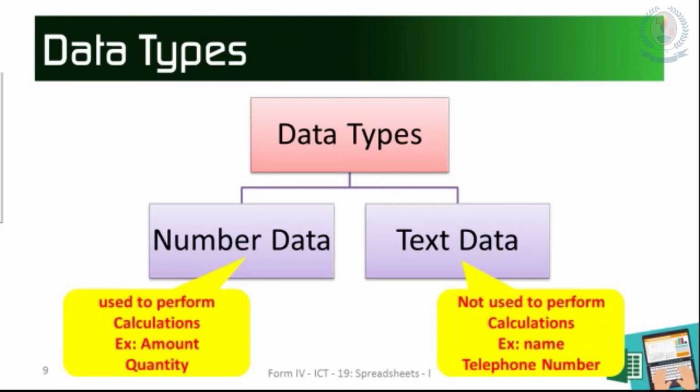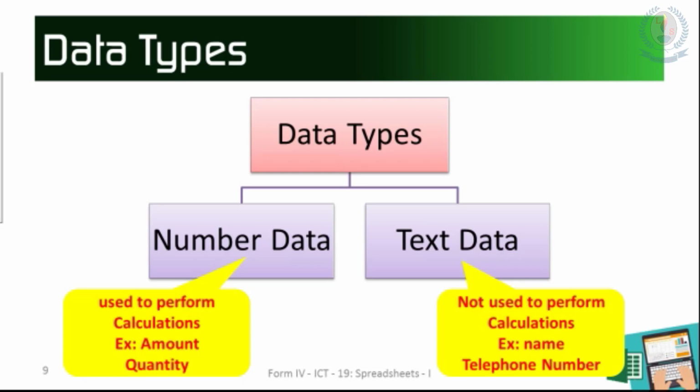In spreadsheets, when we enter data, there are two types of data. One is number data, the next one is text data. The difference is that number data we usually use to perform calculations. For example, amount and quantity we store as numbers.